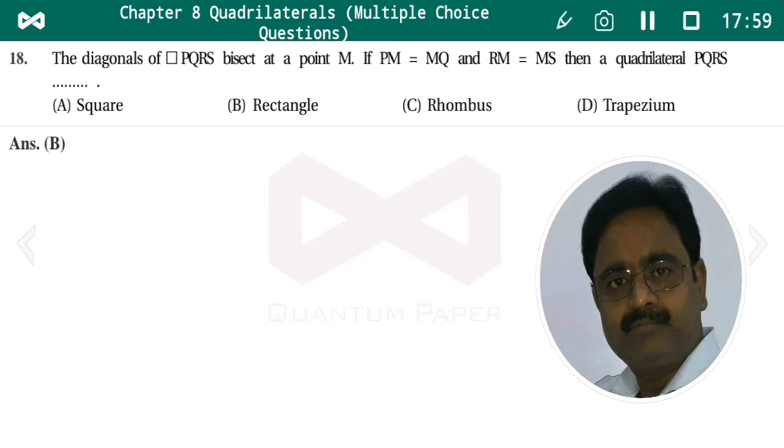PM is equal to MQ, RM is equal to SM, then this PQRS becomes a rectangle. It cannot be a square because they are not perpendicular, means diagonals are not intersecting at right angle, which is not given.